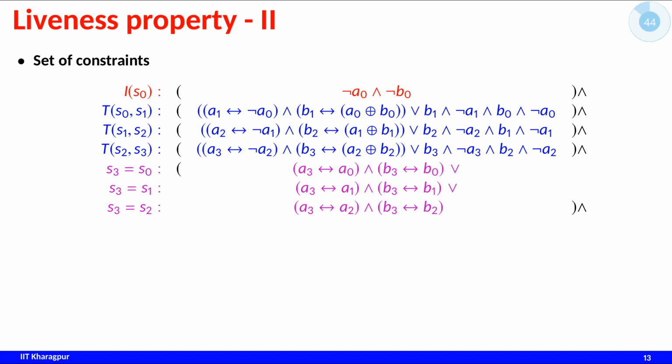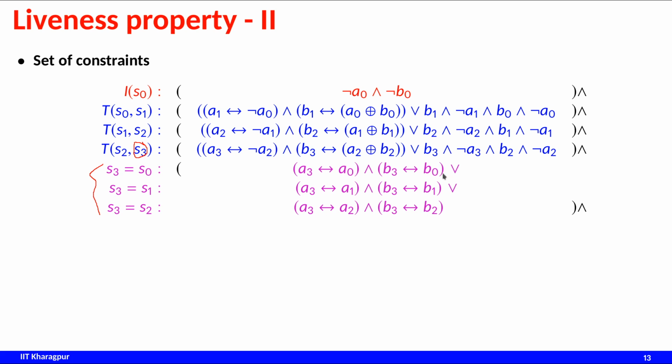Fine. And we need to introduce the loop constraint, that the S3 that I am exploring once more should be one of those states S0, S1, S2, which we can write in this manner. If it's the same state, that means A3 should be the same as A0 and B3 should be the same as B0, and this is a logical OR.